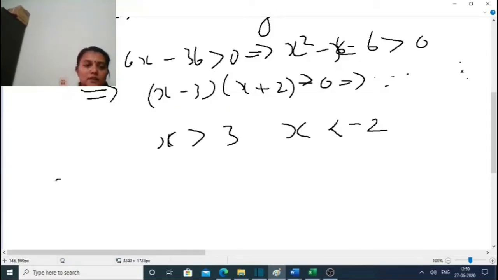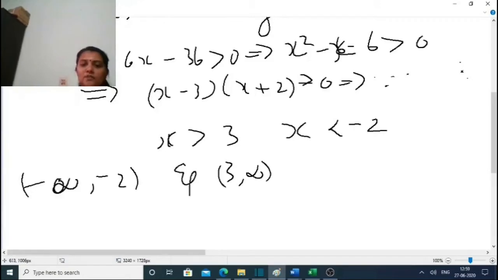That is, the function f of x is increasing on minus infinity to minus 2 and 3 to infinity.